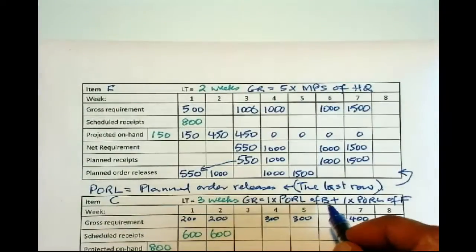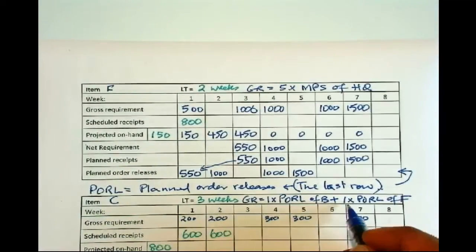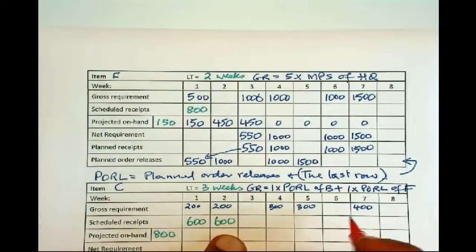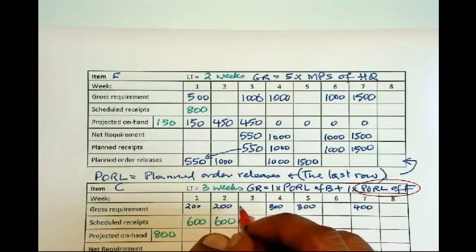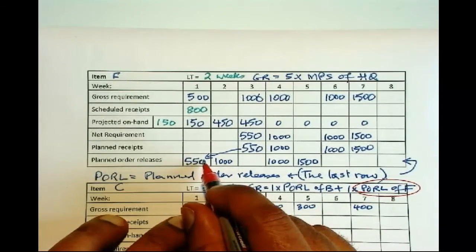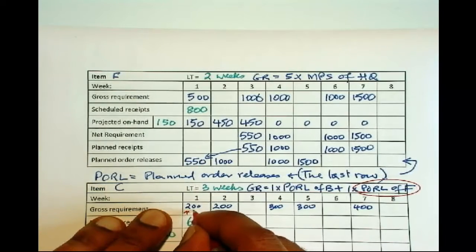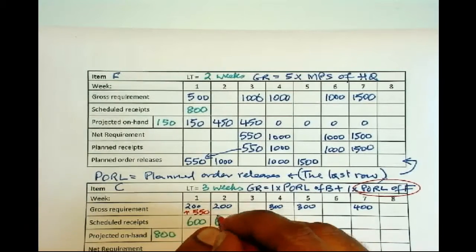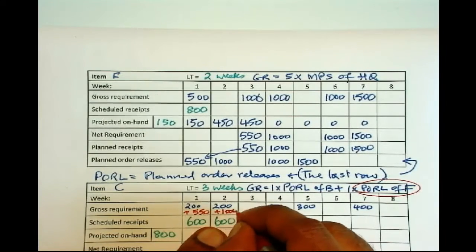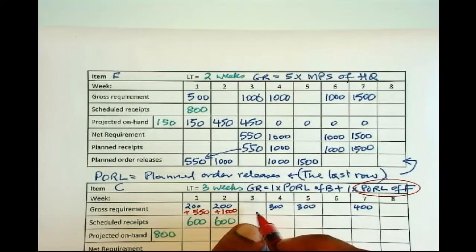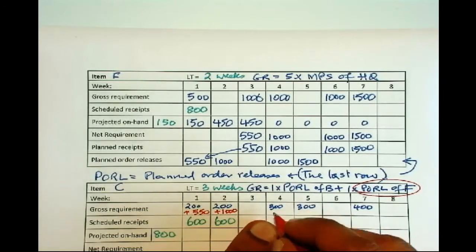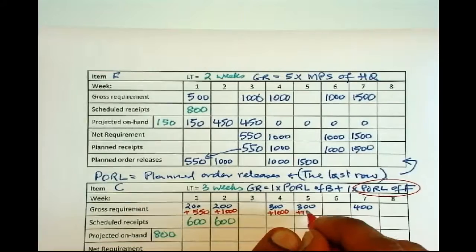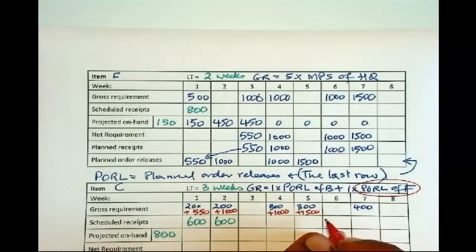So that is for B. And then 1 times PORL of F. I'll use red ink pen for F. So plus 550 here, and then plus 1000, and nothing here, and then plus 1000 plus 1500, and then that's it.